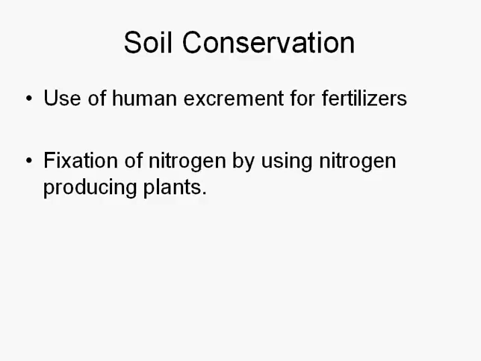And also the idea of rotating crops, which helped to fix nitrogen levels in the soils. As nitrogen was taken out by certain plants and crops, certain other crops would be planted, which would replenish those soils.